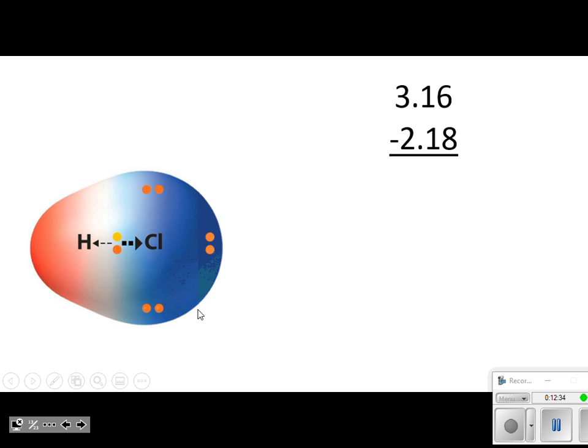So if I take 3.16 and subtract 2.18, that gives me a 0.98 difference. Does that fall greater than 0.3 but less than 1.6? Absolutely. So we'll throw that into the polar covalent bin.